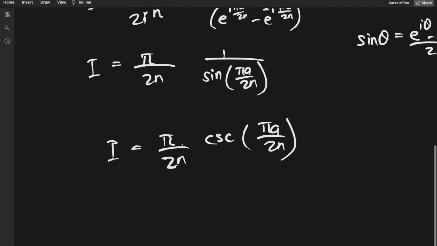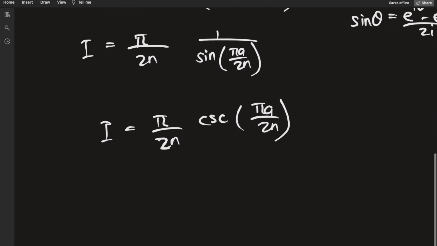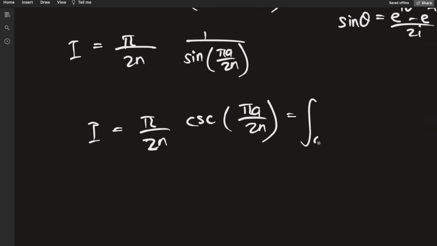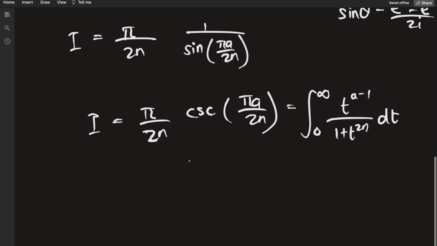And that's precisely the value of our integral, because I was the integral from 0 to infinity of t to the a minus 1 over 1 plus t to the 2n dt. And this is what's nice about this result, because we can apply it in many different ways.